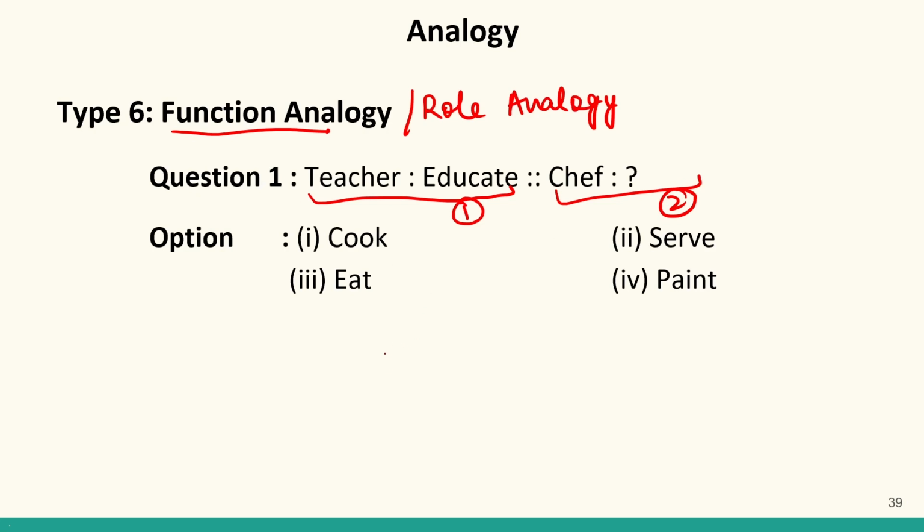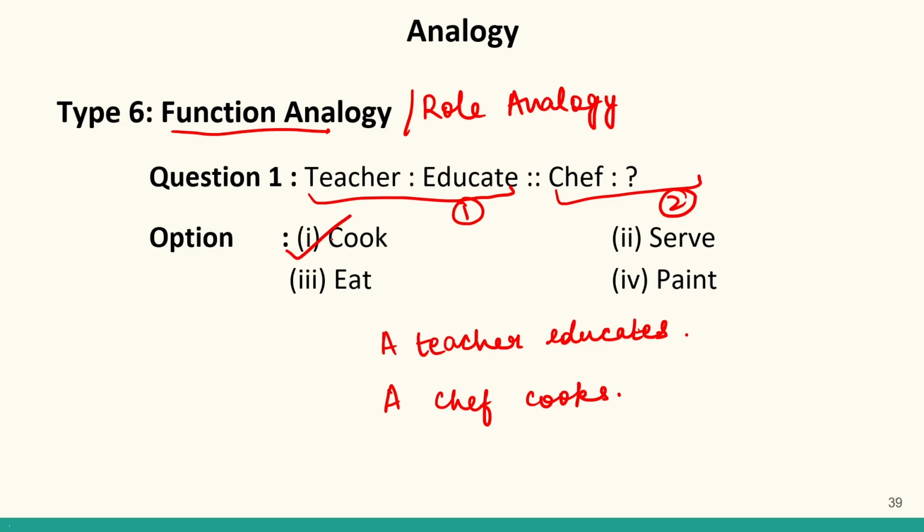Over here, I can write that a teacher teaches, and the word teaches can be substituted with educates. So a teacher educates. Similarly, what is the function of a chef? A chef cooks. So we are using the same function that we used in the first pair. So our answer will be option number 1, cook.